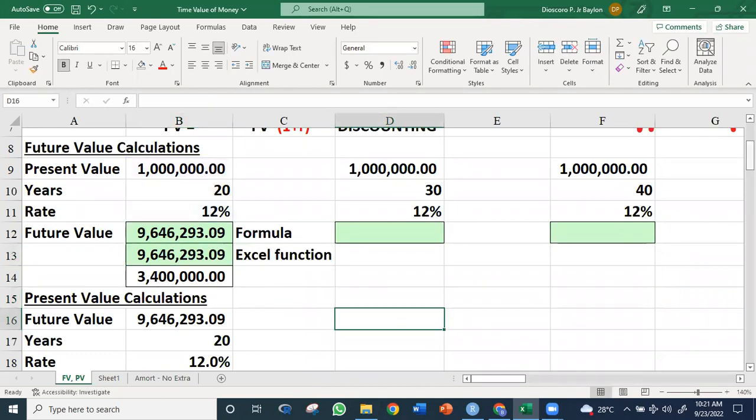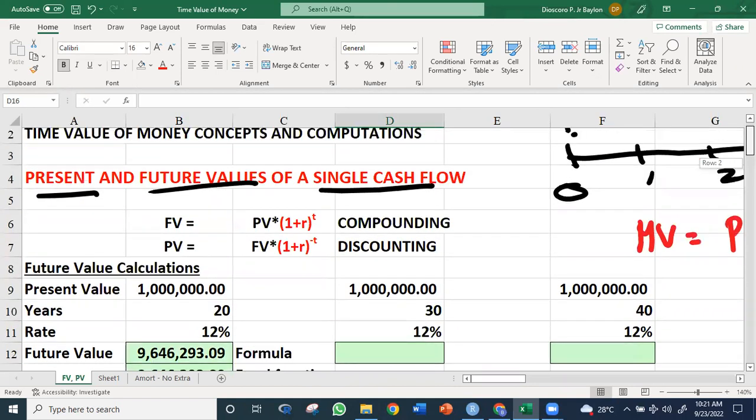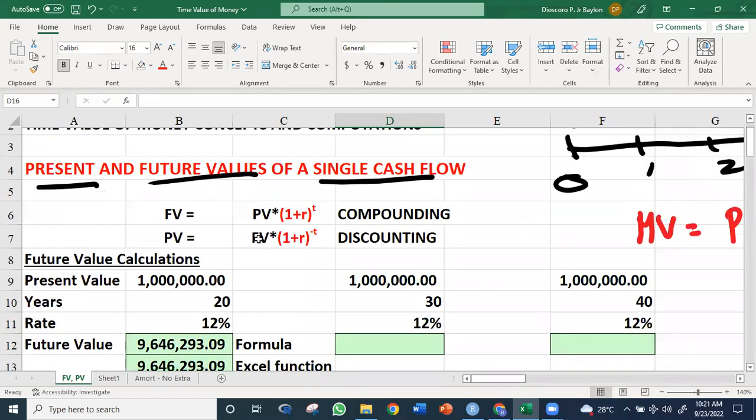Okay. All right, good. So notice that the formula is PV times 1 plus R raised to the T. This factor here, 1 plus R raised to the T, this process of getting the future value is called compounding. Okay, compounding.